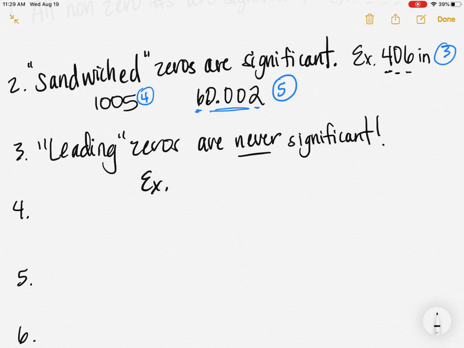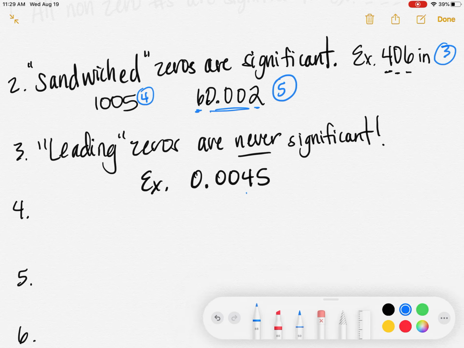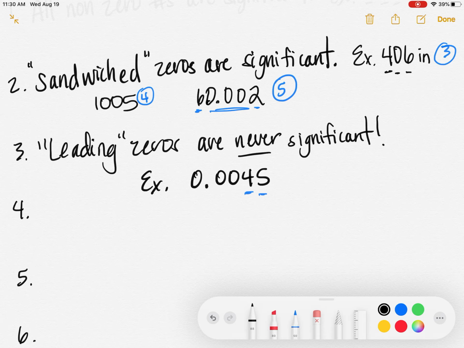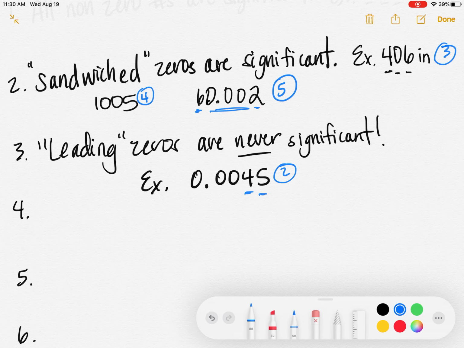So an example would be 0.0045. Those 3 zeros, even though there's a decimal point there, are leading. So they are not significant, but the 4 and the 5 are. So in this case, this number only has 2 sig figs.